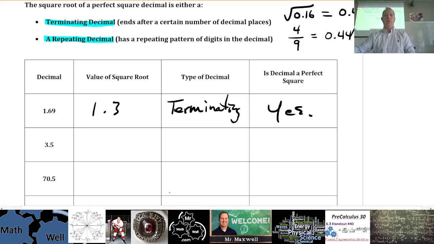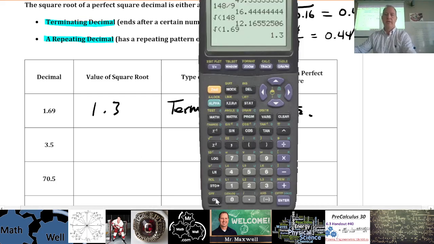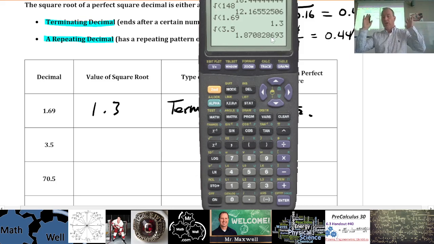Let's check 3.5. The square root of 3.5 is 1.870828693. Now, how do you know that it doesn't terminate right here? Well, if it fills up your entire calculator screen with no repeating parts, you can probably assume that it's not terminating. You don't know for sure, but this is the indication.